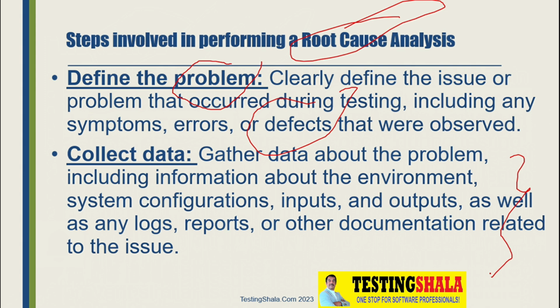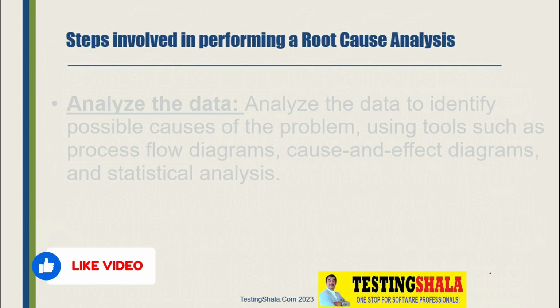All those parameters you can take as data as well, or even environmental issues or system configuration issues in particular features, or even inputs and outputs. Whatever data we have to show that there is a problem in a particular feature, you should gather and collect all of it.